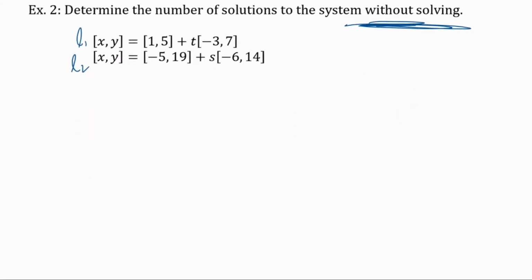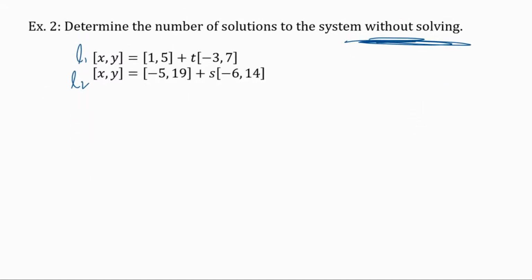So how could we determine the number of solutions? What are the 3 options? One solution, infinitely many, or none. How can we figure out which of those 3 possibilities we're looking at? This might require more than one step, depending on the situation.